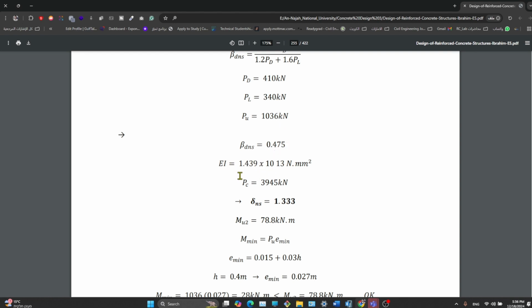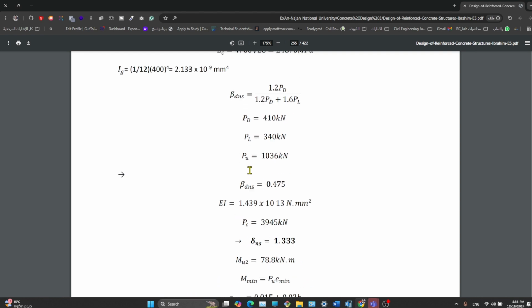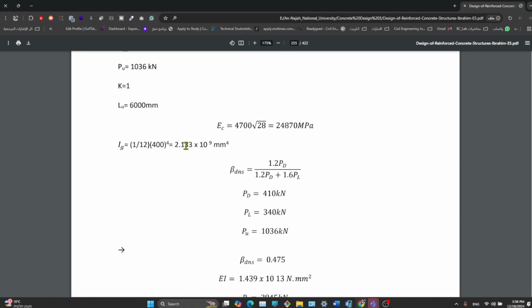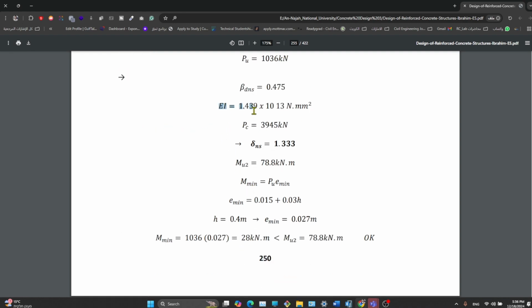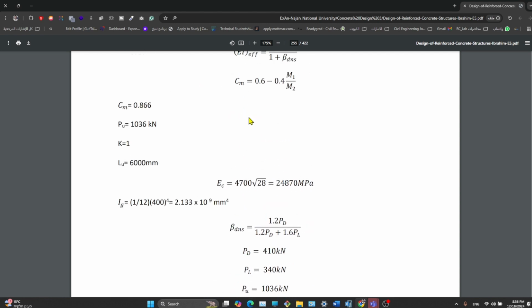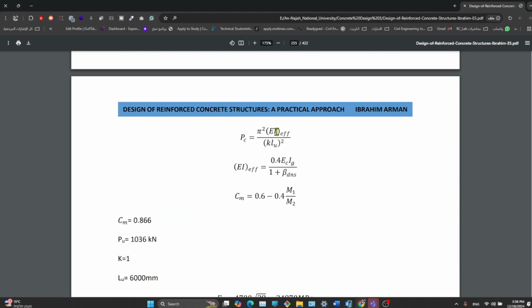Now EI is given and E is computed. So we can compute EI. In our equation, PC depends on EI, pi square over KLU is computed. And EI is the effective, where it depends on IG.